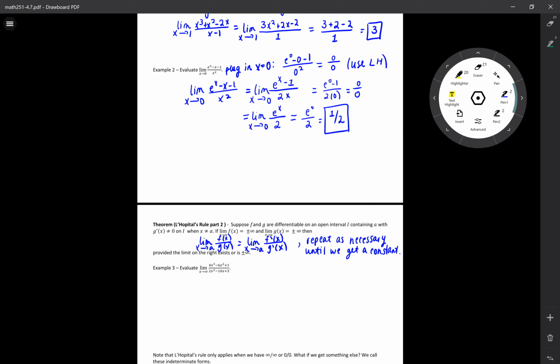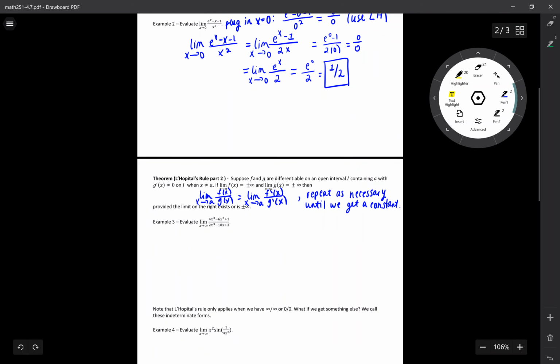So let's try an example here. Let's take the limit as x goes to infinity of (4x cubed minus 6x squared plus 1) divided by (2x cubed minus 10x plus 3). Of course, if I plug in infinity here, I get infinity over infinity. That's pretty simple to see.